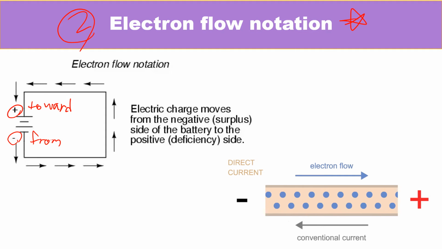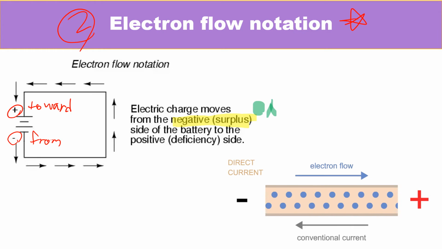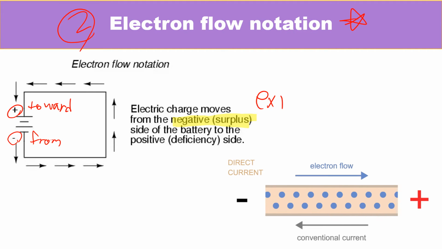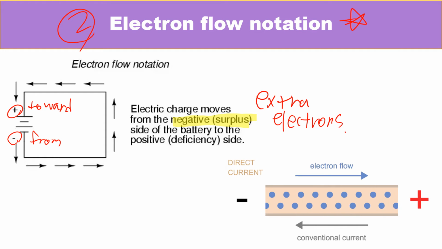And this is the theory that we accept even nowadays, because negative means we have extra electrons. That's why we put the notation of negative.